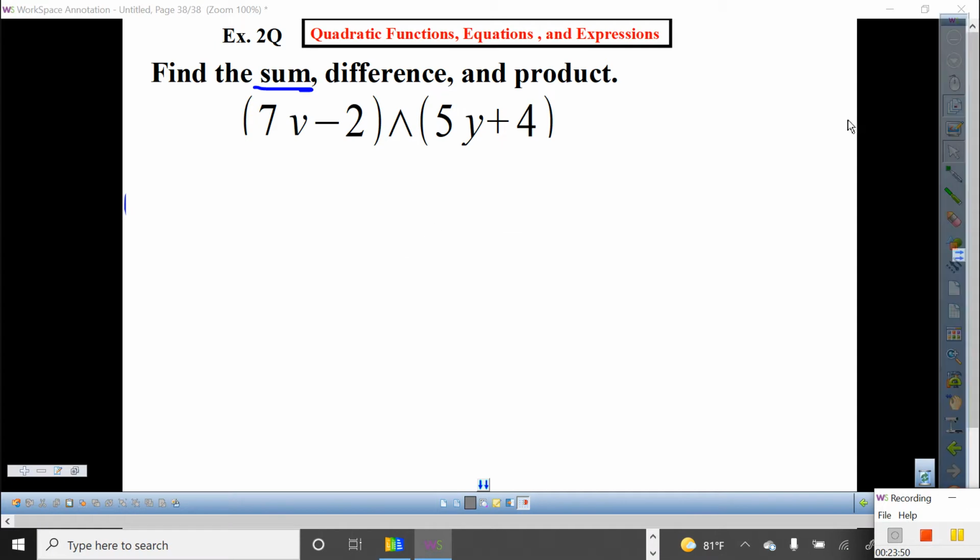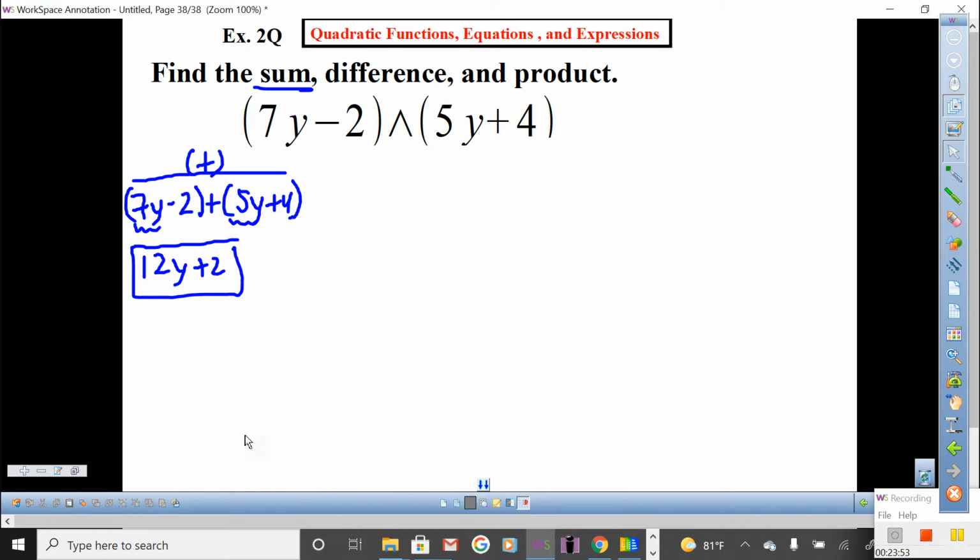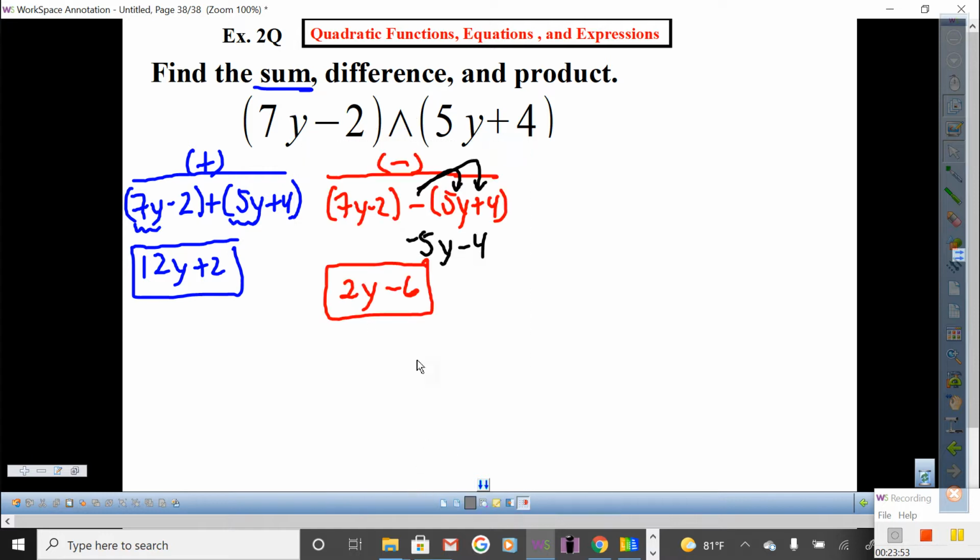Sum. Noor. 12y plus 2. Hands if you got that. Looks about right. What did you get for the difference, Brianna? Help her out, Bree. 2y minus 6.